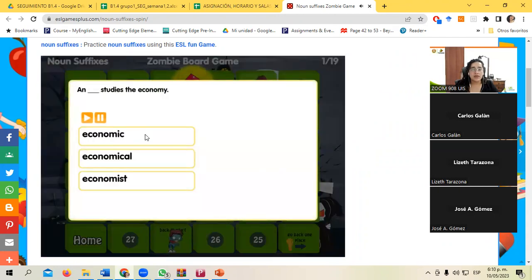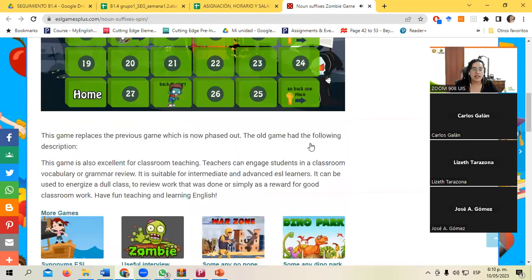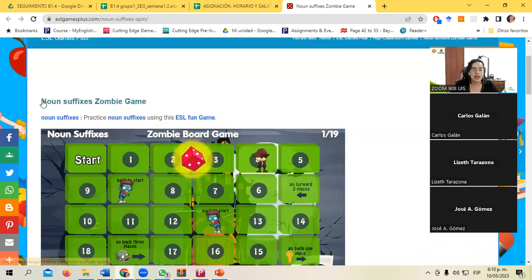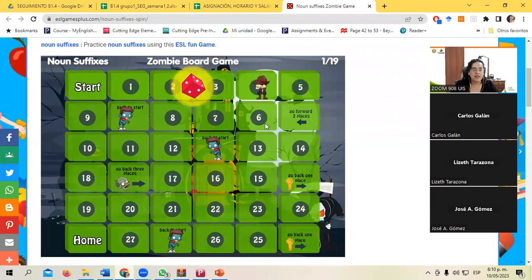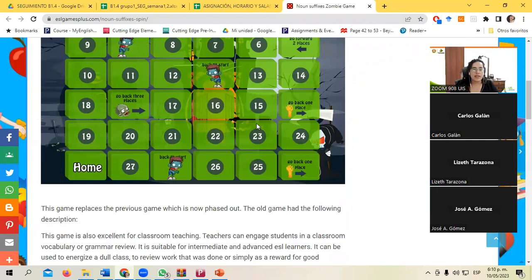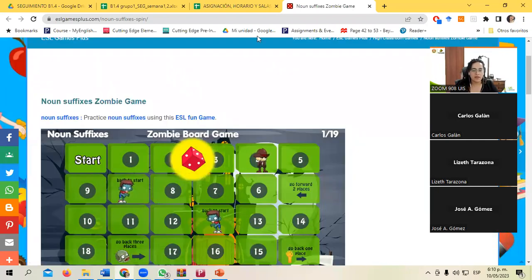In this case, number 4: studies the economy, right? Economic, economical, or economist. In this case, he's an economist, right? An economist studies the economy. So it's like this, we are going to practice the suffixes in nouns, in the noun formation. So let's have some minutes to complete the game, okay?